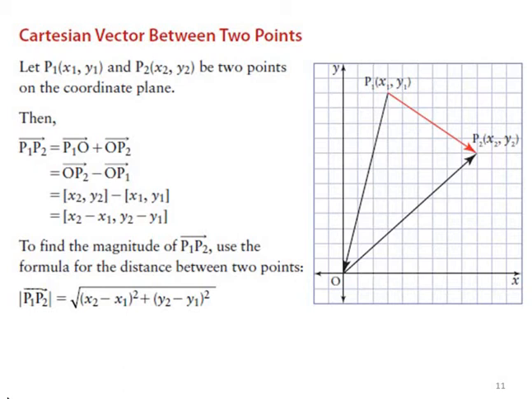So the answer is going to be vector OP2 minus vector OP1. OP2 is (x2, y2) minus OP1, which is (x1, y1). So we end up having x2 minus x1 and y2 minus y1. What is going to be the magnitude of P1P2? That would be the square root of (x2 minus x1) squared plus (y2 minus y1) squared.